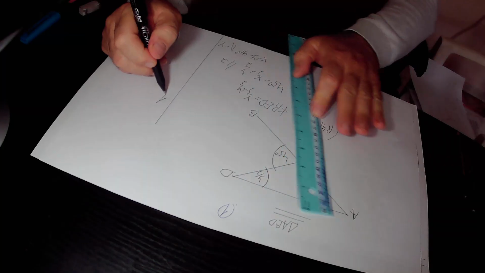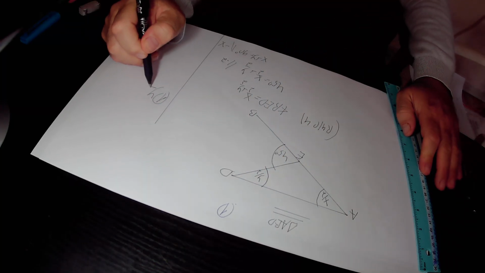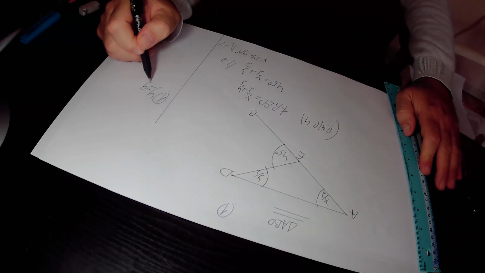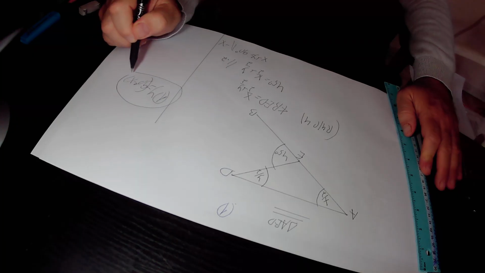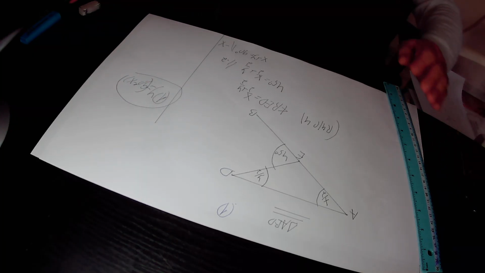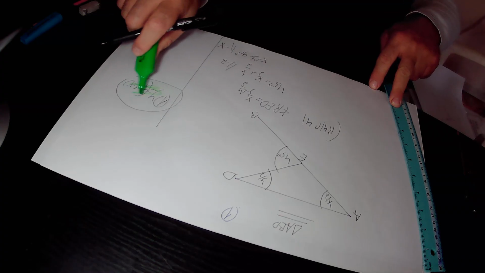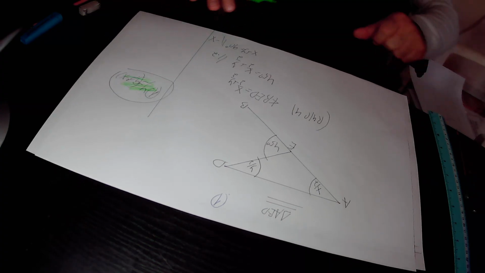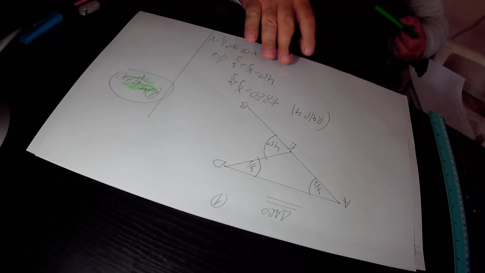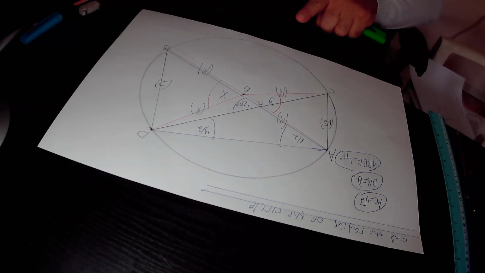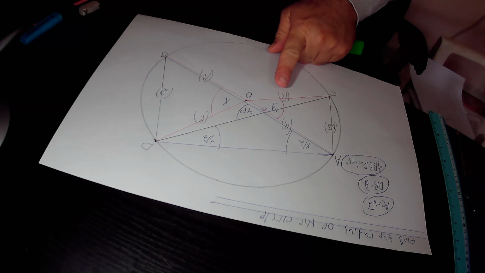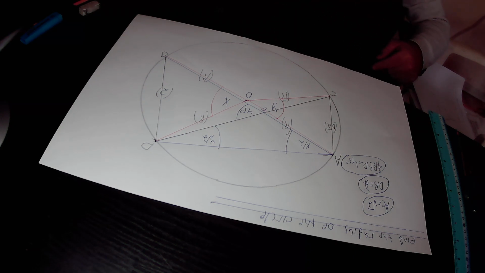According to equation 1, y equals 90 degrees minus x. This is angle y that equals 90 degrees minus x.